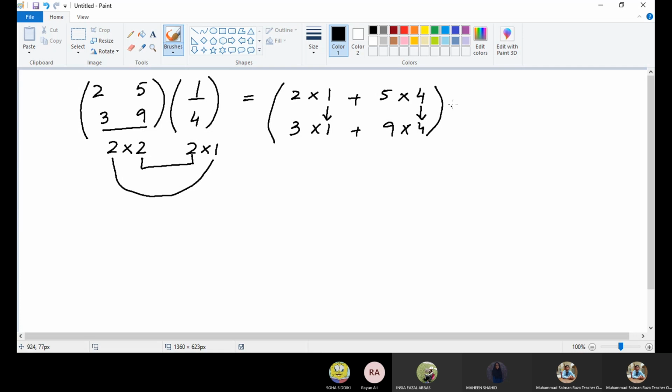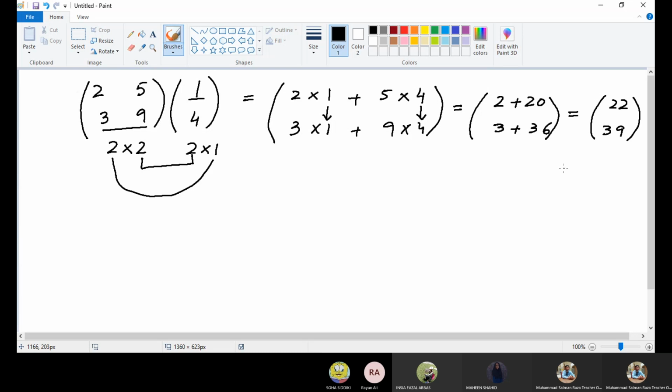And now we are going to work it out. It is 2 plus 20, and it is 3 plus 4 nines are 36. And here goes our final answer, which is 22 and 39.